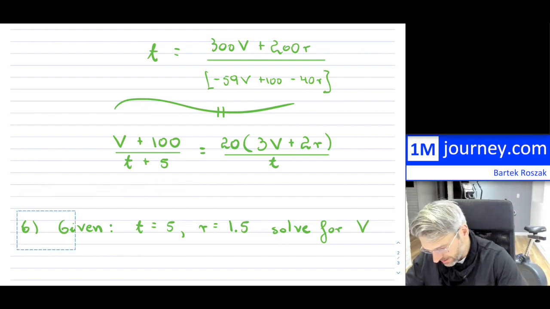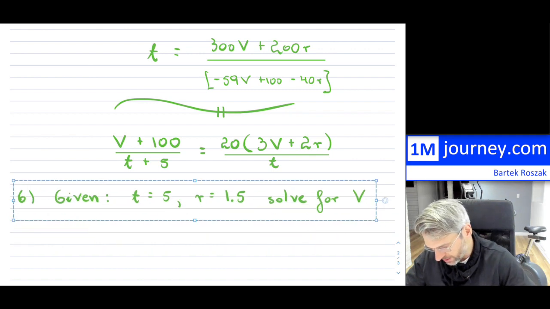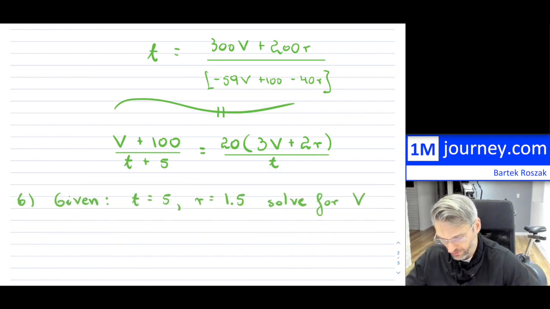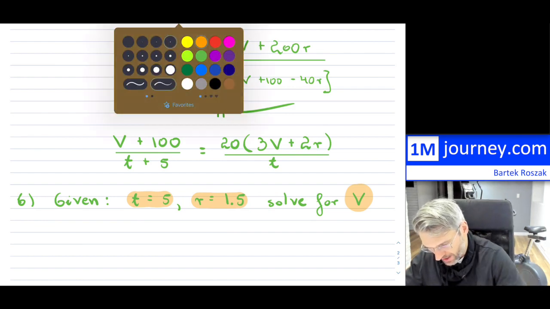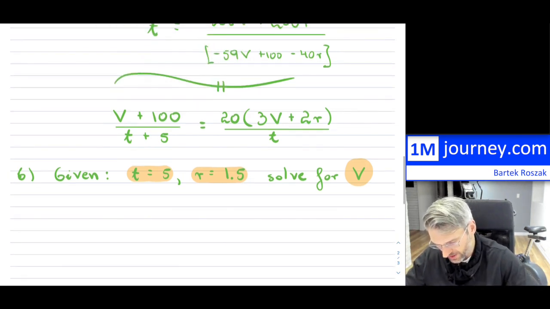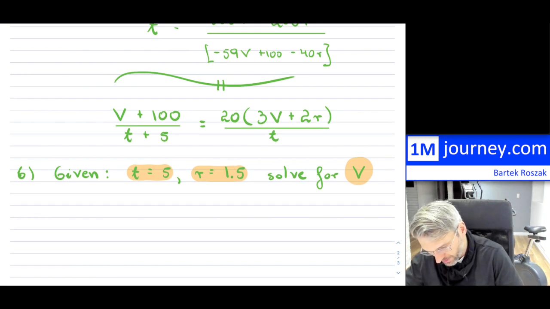And now this will be a little bit easier because I'm just going to work with numbers. So I'm solving for v in here, but I am given what t is and what r is. So that makes my life simpler. So let me substitute all of this in, and let's see what we're going to get.